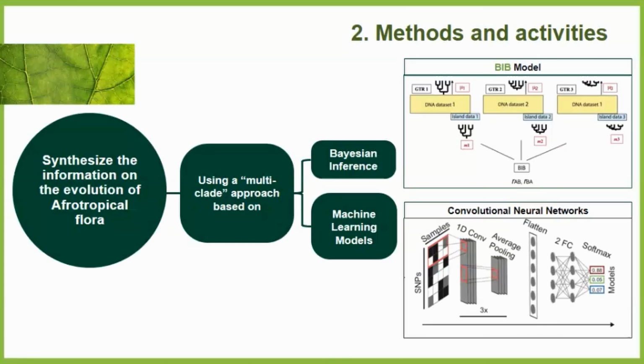And which ones are those methods? On the one hand, you have Bayesian inference, and this is a BIB model that usually is used for island biogeography. And you will have different datasets, one per clade. For each clade, you will have a data set, and you will do a mega analysis of all of them, comparing their rates.